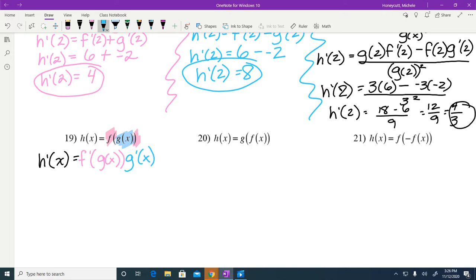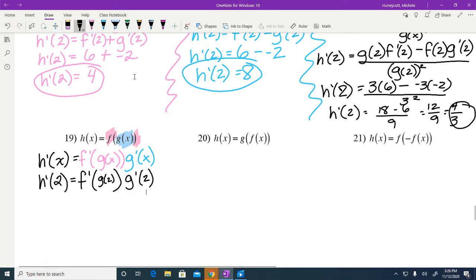That's the chain rule. So if I need to find h prime of 2, I need to take f prime of g of 2 times g prime of 2.